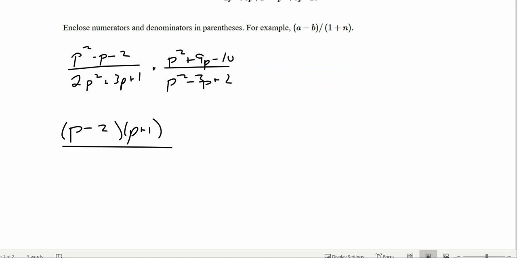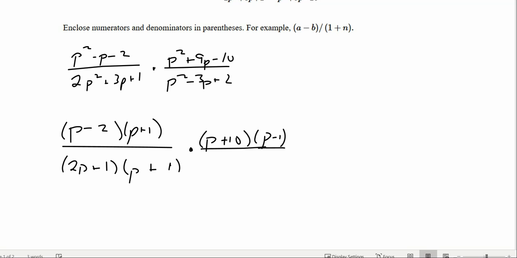And the denominator, let's see, we're going to have 2p and p and 1, p minus 2. So those are all the factors, and let me just real quickly work through one of those as a quick review for factoring.